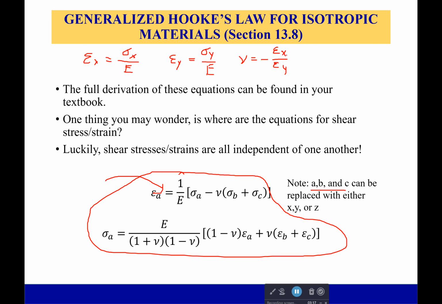Now I'm going to solve for the strain in the x direction, because that's what's going to matter in the end. So I do that, and I get that the strain in the x direction is going to be equal to negative my strain in the y times Poisson's ratio.